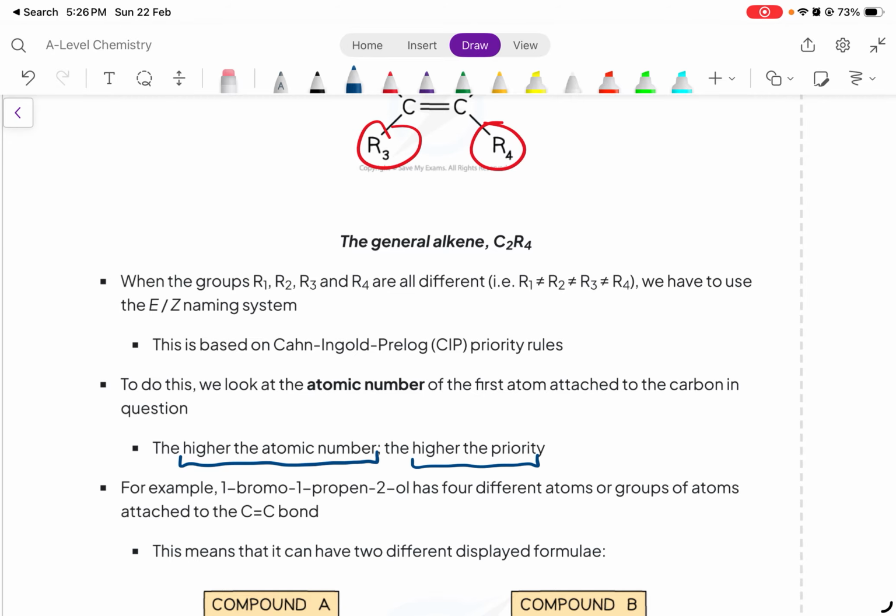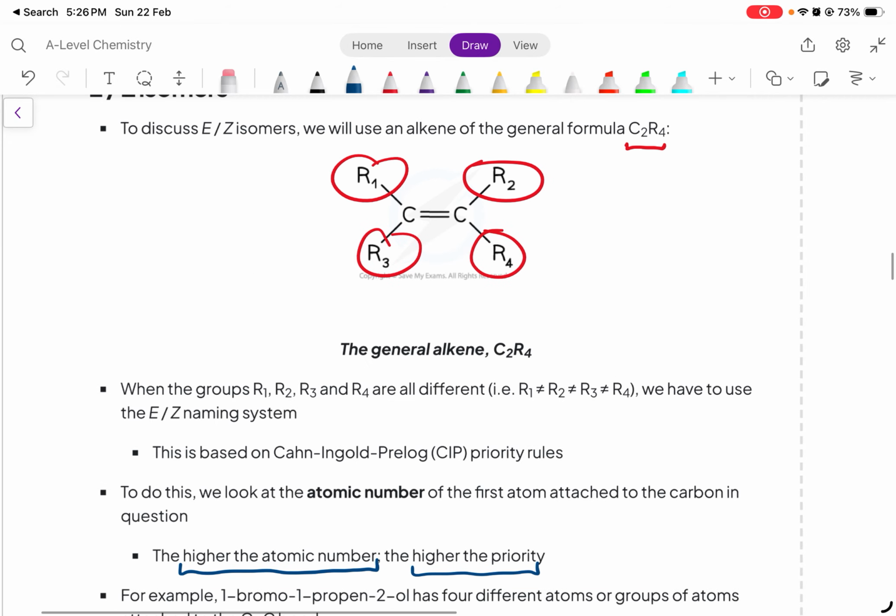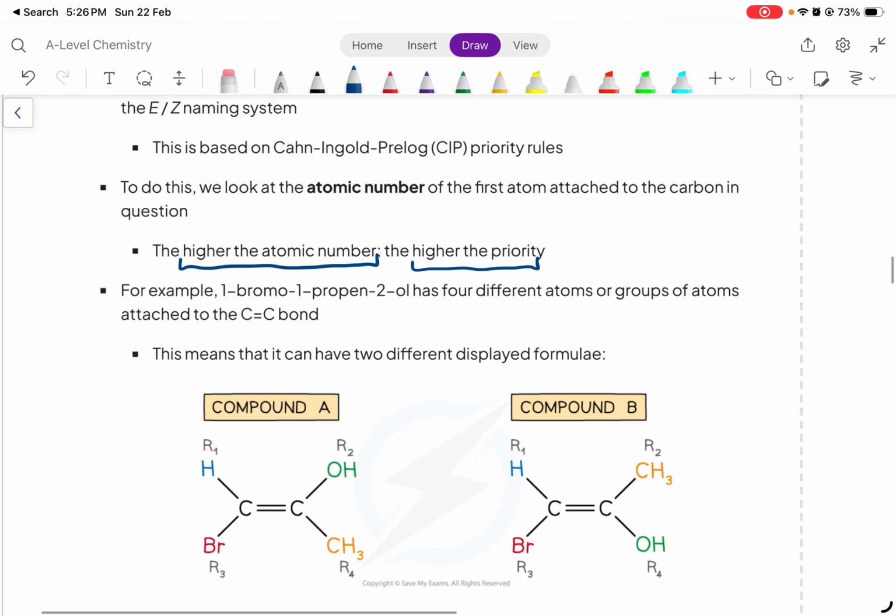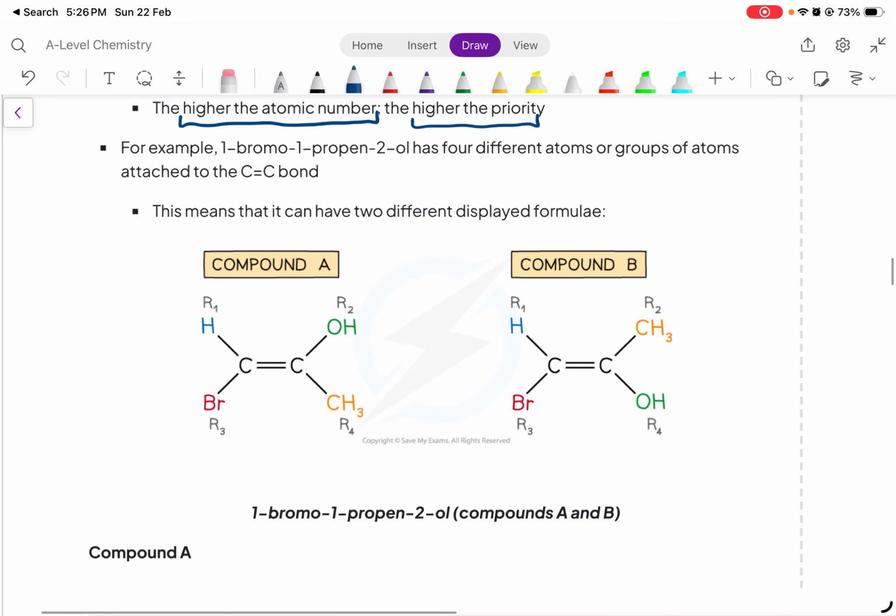For example, if R1 has the highest atomic number, we prioritize it, and so on. Let's have a look. We can have two different displayed formulae, compound A and compound B.